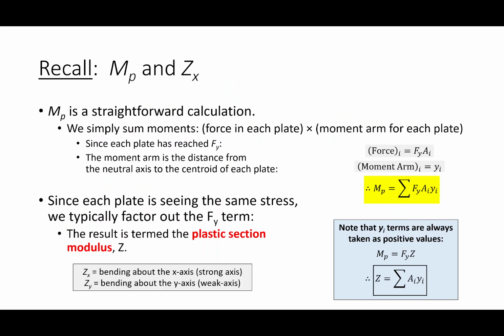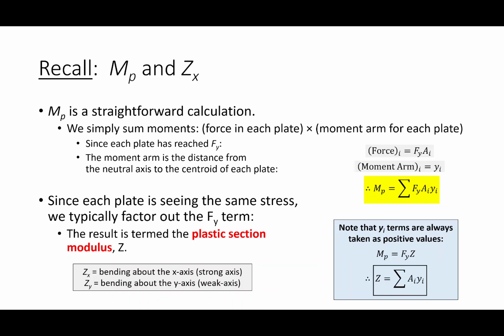First off, a fair statement is that the goal of our last lecture was really these 2 terms: MP and ZX. If you have ZX, MP is really easy, because MP just equals Fy times ZX. So ZX is the real star of the show from the last lecture.